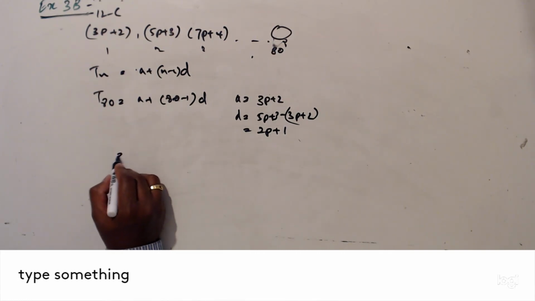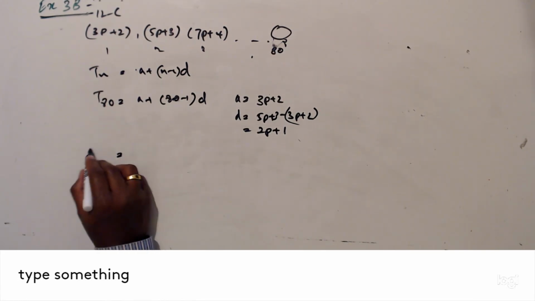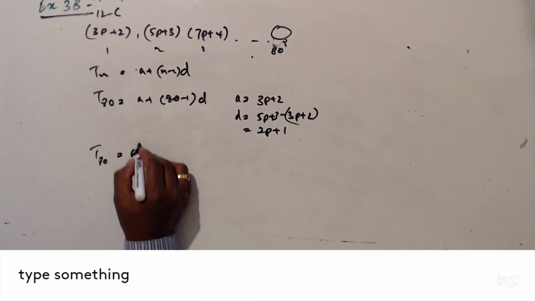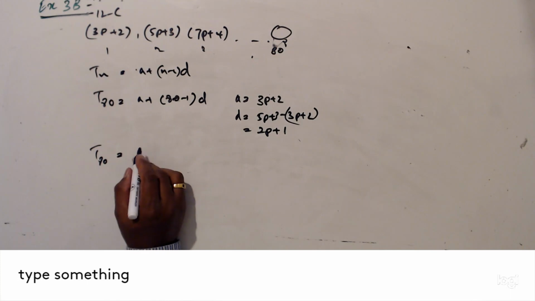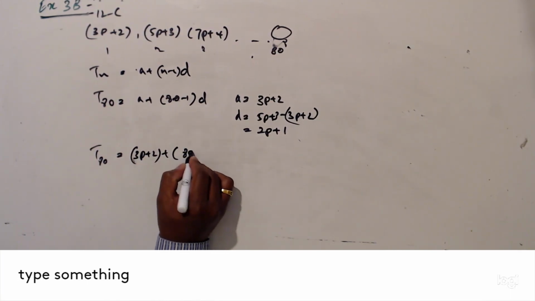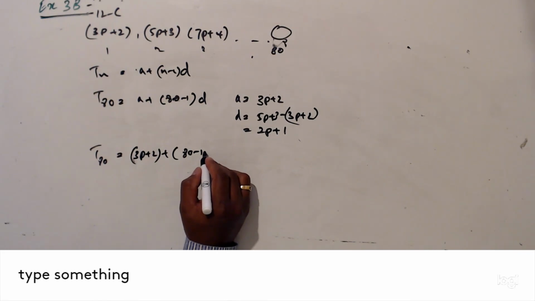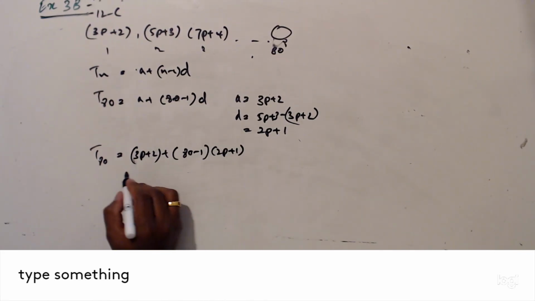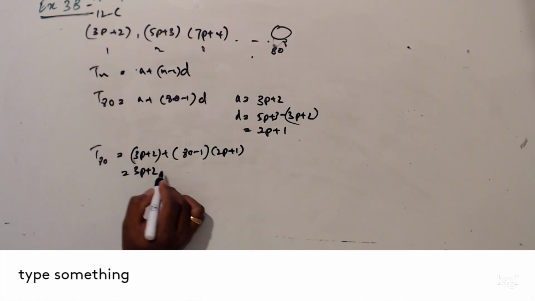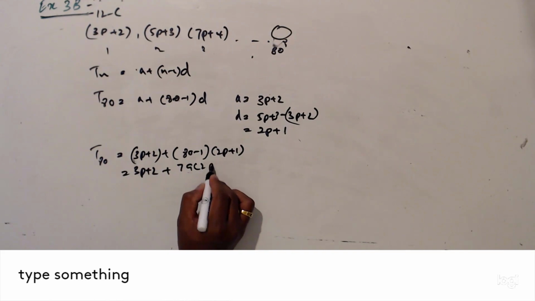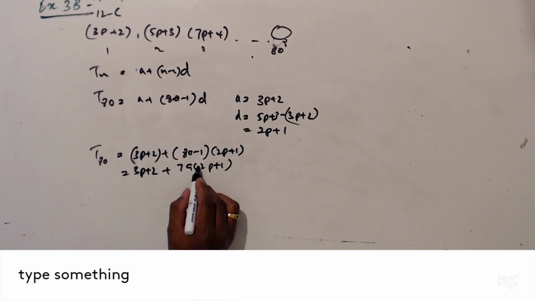So we'll apply here T80 equals a, 3p plus 2, plus 80 minus 1 times 2p plus 1. So 3p plus 2 plus, this is 79 times 2p plus 1.